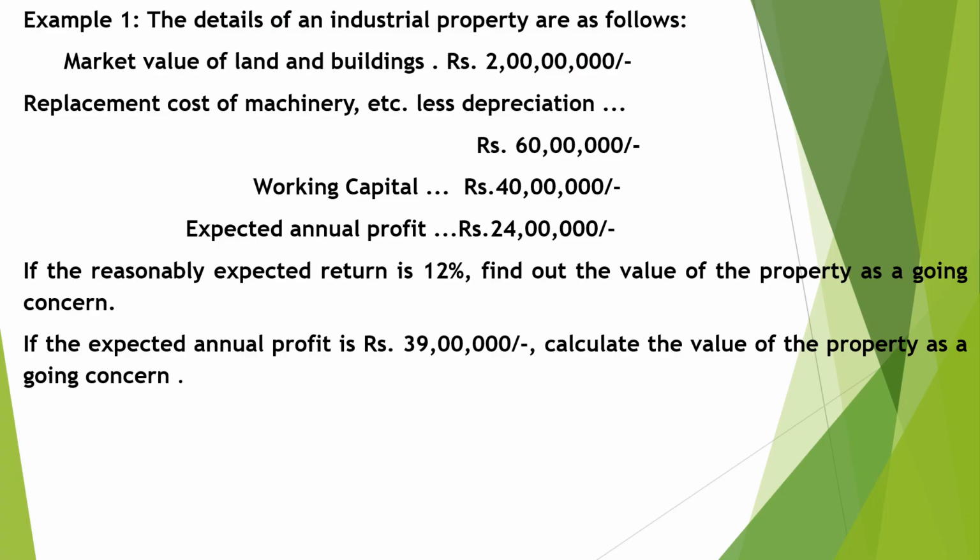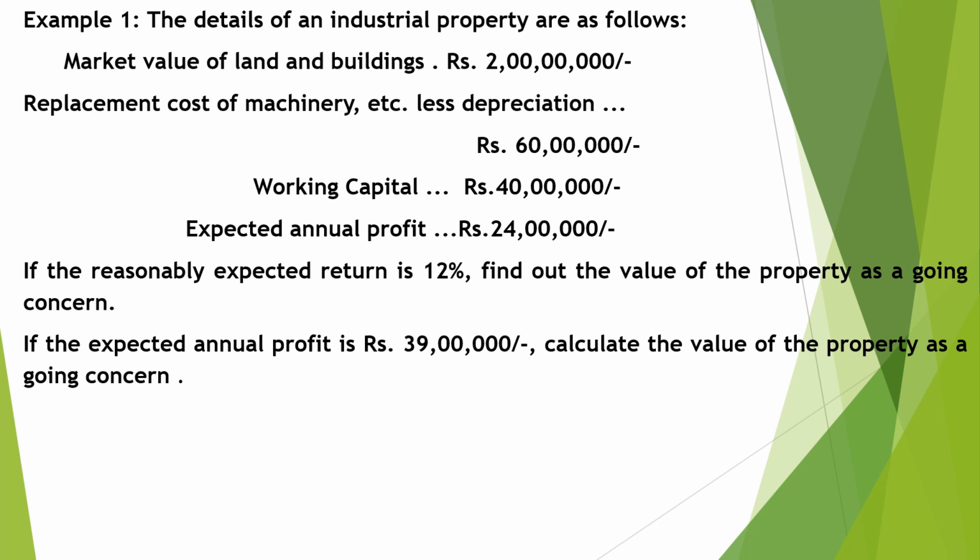First thing which is very important is how to find the value of a going concern. That is the most important thing. Here, first you must know what a going concern is.